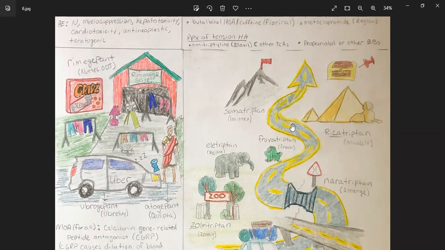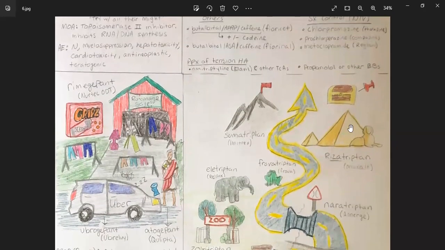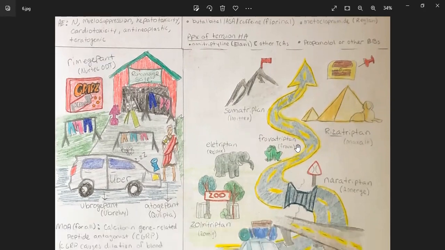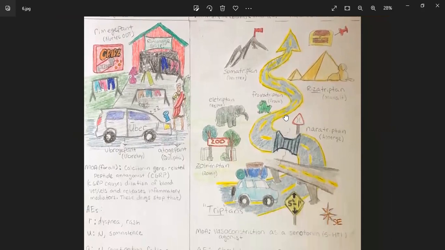And then they keep going on this trip and they go all the way to Egypt and they pass the Great Pyramids of Giza. Giza for rizatriptan. And then they travel along some more, and eventually they come to the summit of a mountain. Summit for sumatriptan. So those are our drugs.